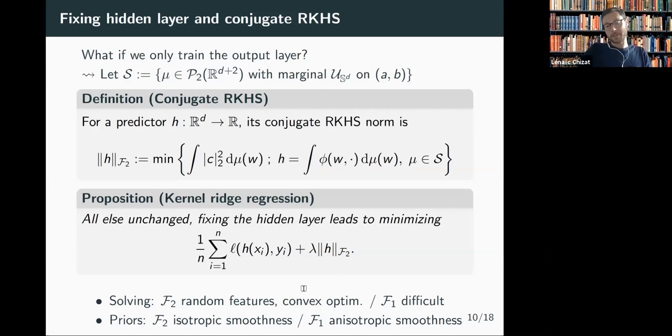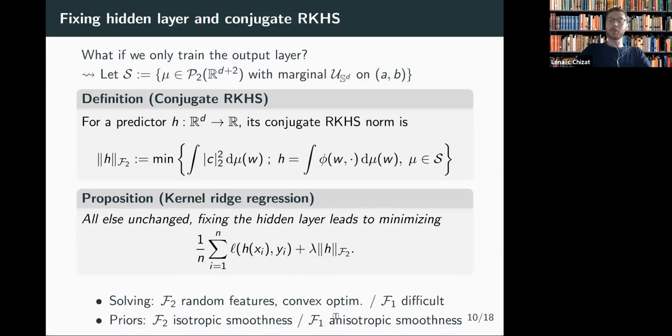Now, in terms of statistics, so in terms of the prior that these two norms enforce on the space of predictors, roughly we can understand these two spaces as follows. The F2 norm will enforce some kind of isotropic smoothness on our predictor. So it will be good at predicting a regression task where the function to learn is smooth in an isotropic way and very smooth in high dimension, while the F1 norm has much more adaptivity.